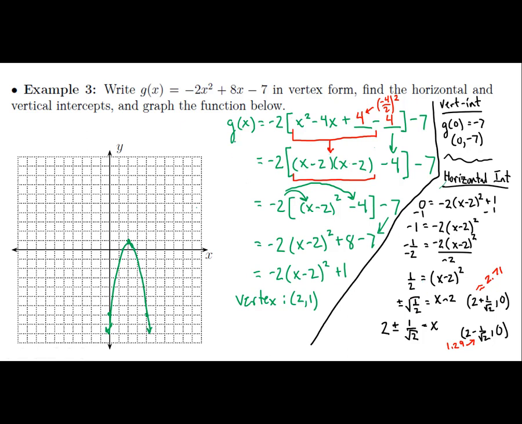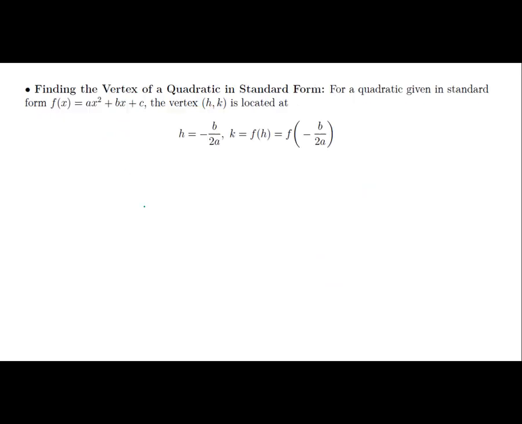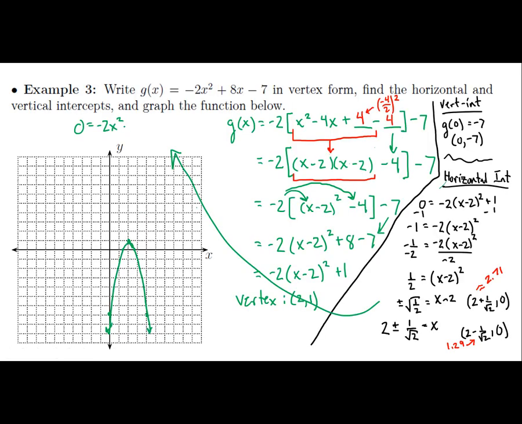What you could have done is just said 0 equals -2x squared plus 8x minus 7, and done the quadratic formula and come up with those same two answers. I am completely fine with that.